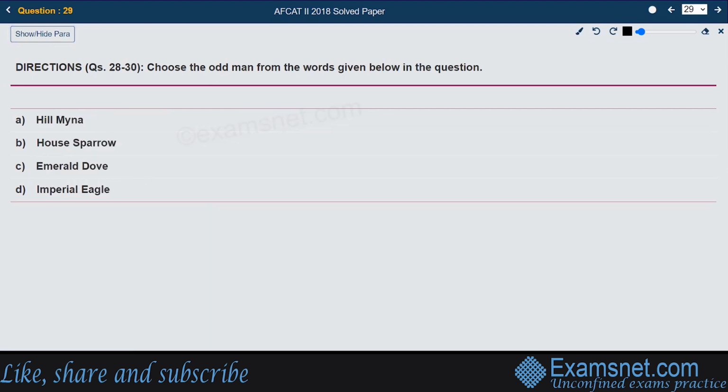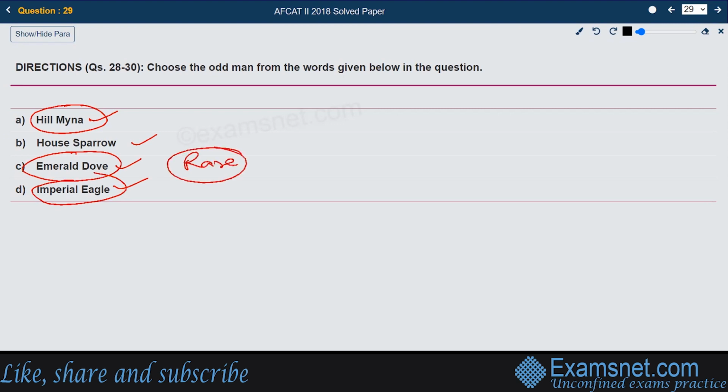Next, choose the odd one out again. The words are hill myna, house sparrow, emerald dove, and imperial eagle. If you have a closer look, hill myna, emerald dove, and imperial eagle seem to be rare ones. You have very small chances in your lifespan to see them. If you deliberately go to find them, then only you can find them.